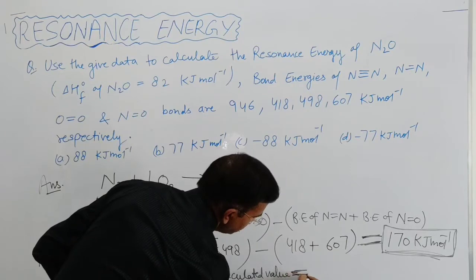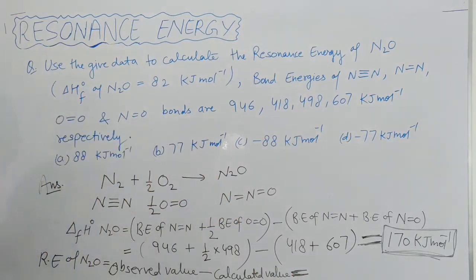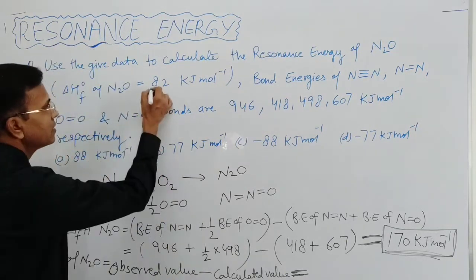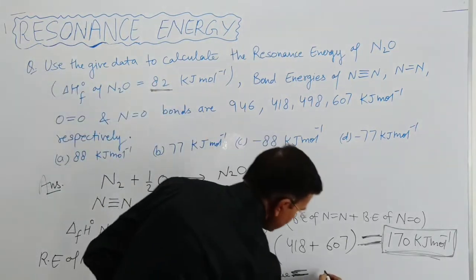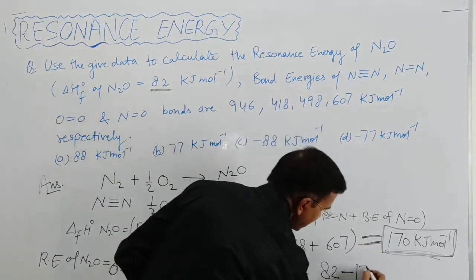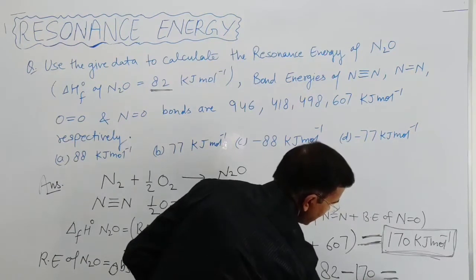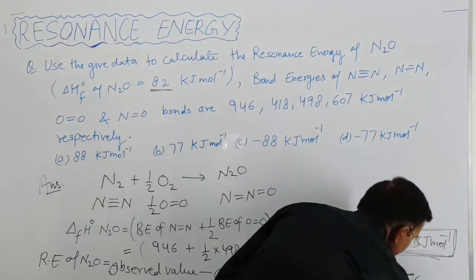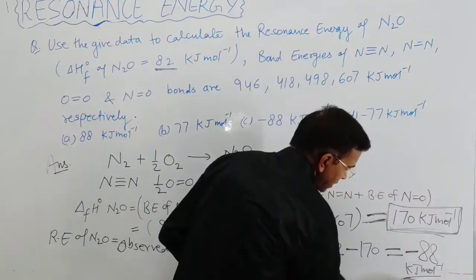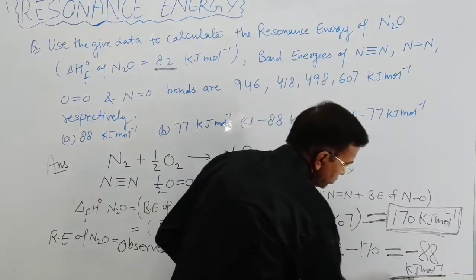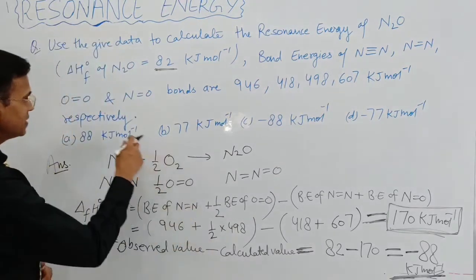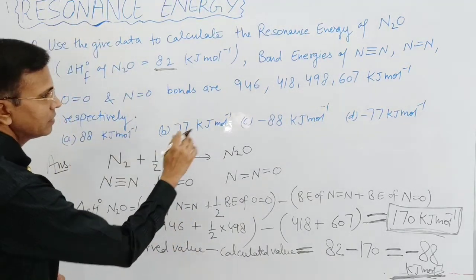So beta, the observed value is given, this 82, and the calculated value what we have calculated is 170. So it will become minus 88 kilojoule per mole. This is the resonance energy of the N2O molecule, that is minus 88 kilojoule per mole.